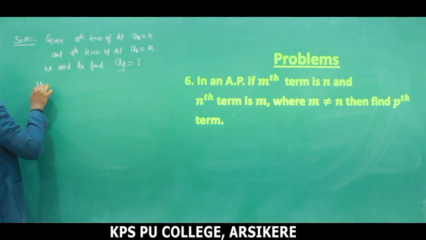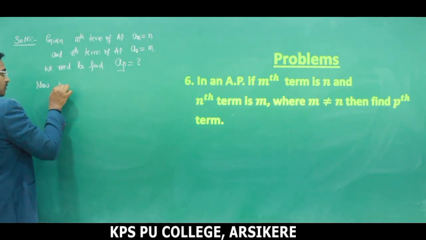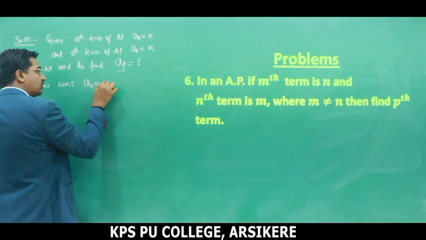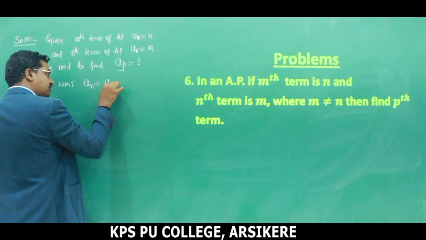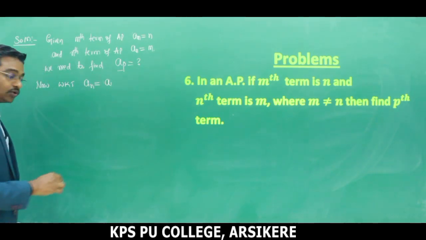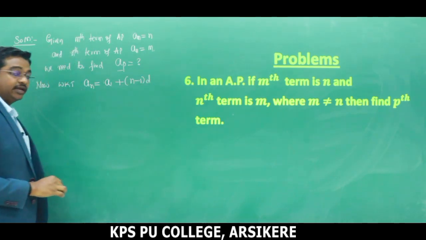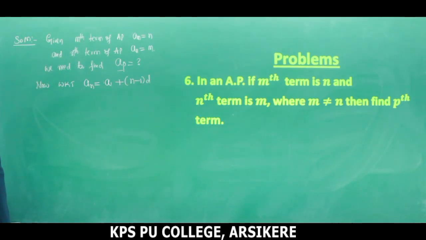Now we know that the nth term of an AP is an equals a plus n minus 1 into d.